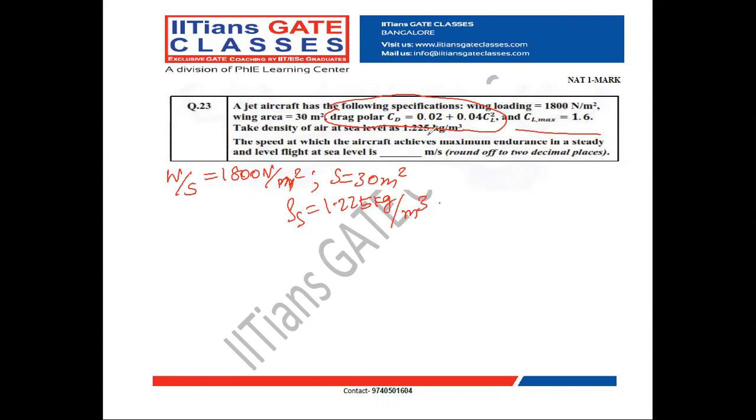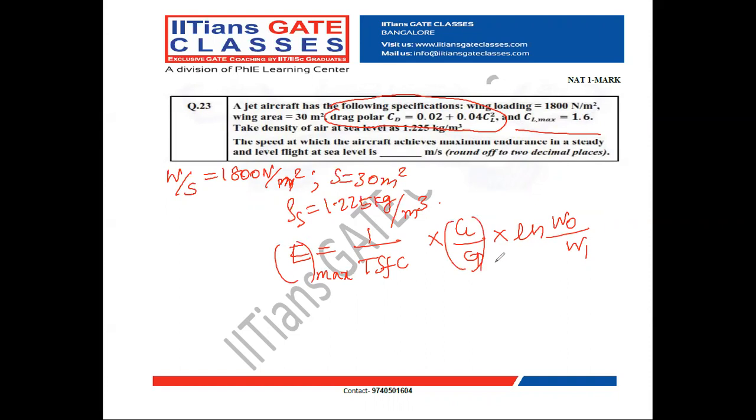We know the Breguet range endurance equation for jet engine aircraft is given as E equal to 1 by thrust specific fuel consumption into CL by CD into ln of W naught by W1. Endurance max corresponds to CL by CD max, which is nothing but the L by D max condition, which corresponds to the drag minimum condition.